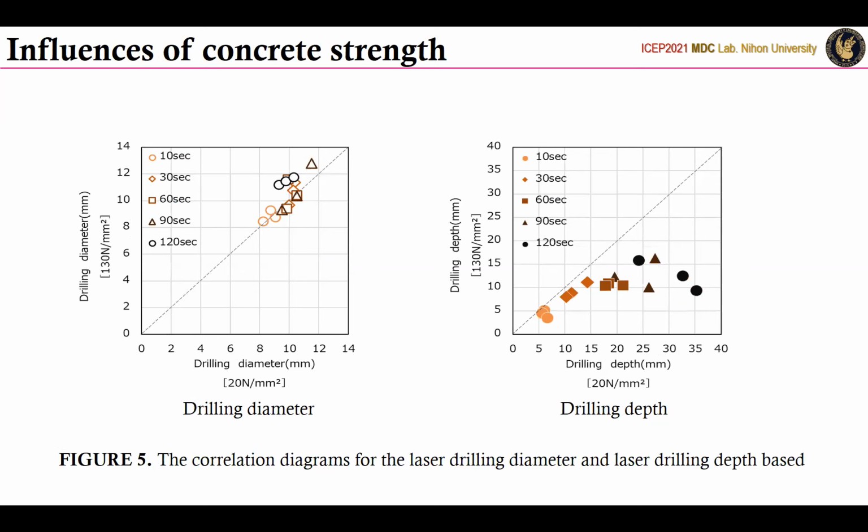Next graph, influence of concrete strengths. It was found there is a correlation between the two strengths. The x-axis is 20 Newton and the y-axis is 130 Newton.